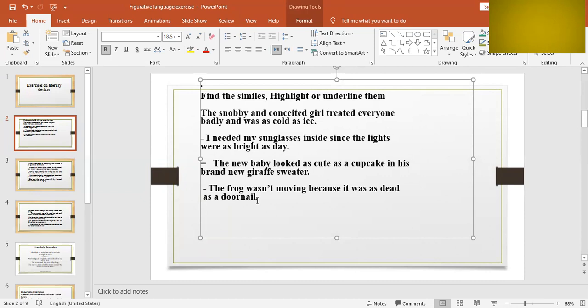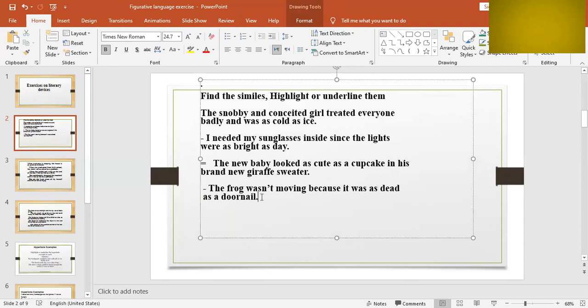It stays for good. So it is not moving. Okay, it is cold and it's not changing. It stays for a very, very long time, like a nail in a door.